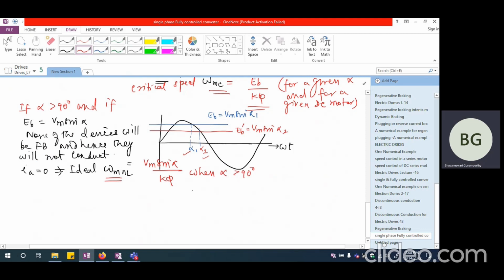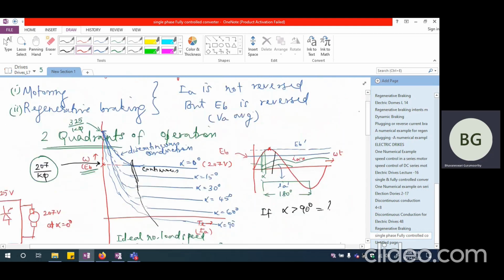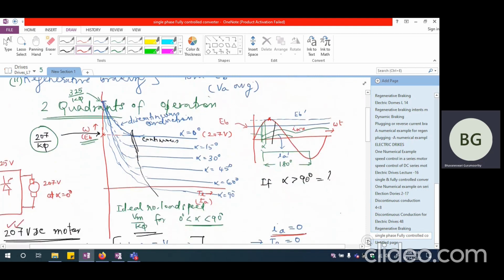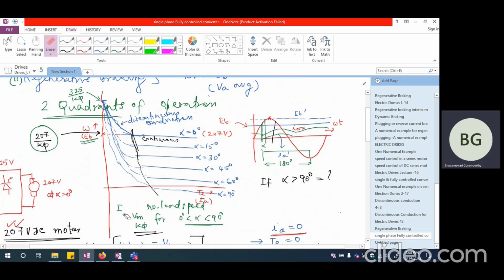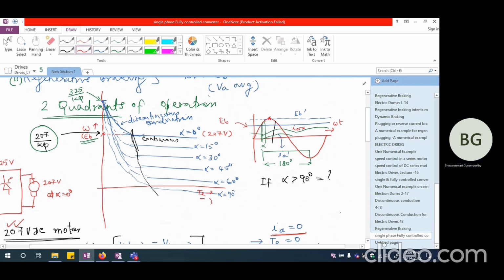When alpha is greater than 90 degrees, alpha lies between 90 and 180, because the maximum alpha is only 180. So if I try to draw the actual characteristics corresponding to alpha equal to say 120, I should again have the characteristics lying in the fourth quadrant, because we are looking at back EMF becoming negative.